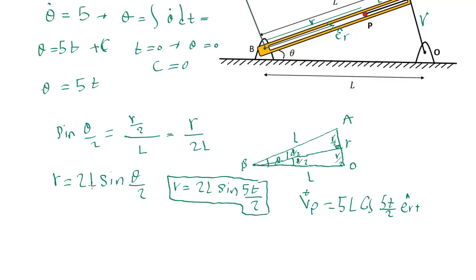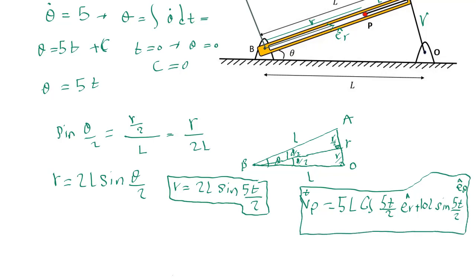So we have R is just 2L sine 5t over 2, and theta dot is equal to 5. So this is going to be 10L sine 5t over 2. That's for velocity in the E theta direction. So this is velocity of point P, the particle.